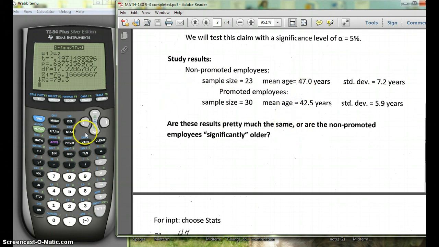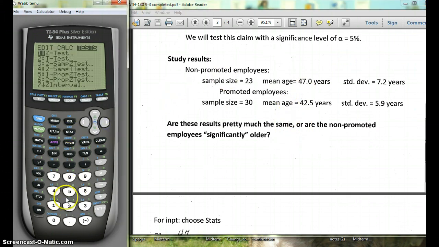So we're going to go to stat, tests, and choose number 4 again, and we're going to pick stats instead of data. Now we've got the information for the not promoted employees, our population 1, so we're going to put those in: x̄1 would be our 47, our mean. Our standard deviation is 7.2, and our sample size is 23.